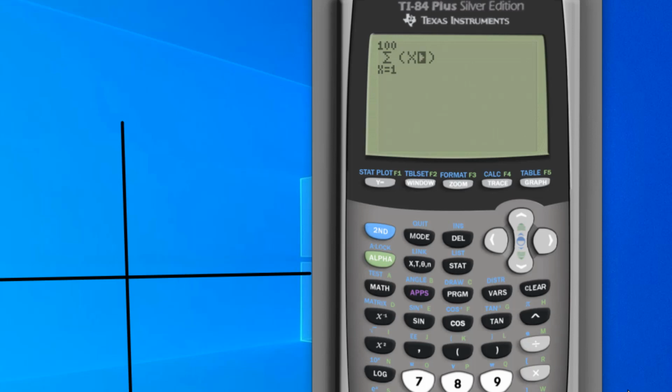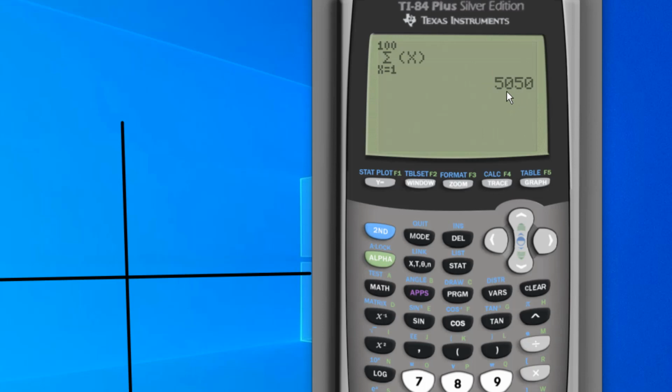We're adding the consecutive counting numbers, or natural numbers, from 1 to 100. So it's 1 plus 2 plus 3 plus 4 plus 5 plus 6, and so on, all the way up to 100. If I hit enter, I'll get that sum. And there it is, 5,050.